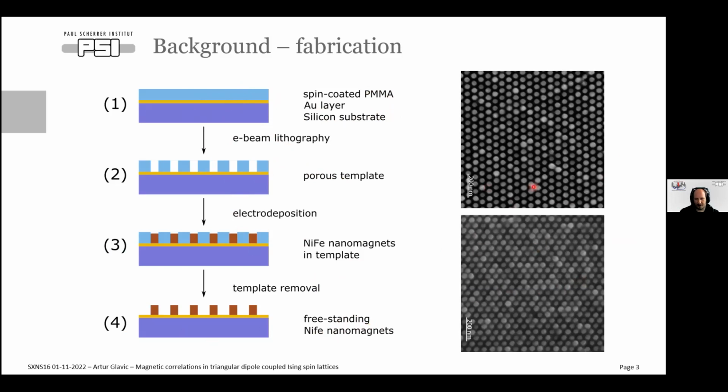And you can see these are the resulting patterns. So they're very nicely structured. And because it's an e-beam over the whole sample, the orientation of the pattern is the same everywhere on the sample.